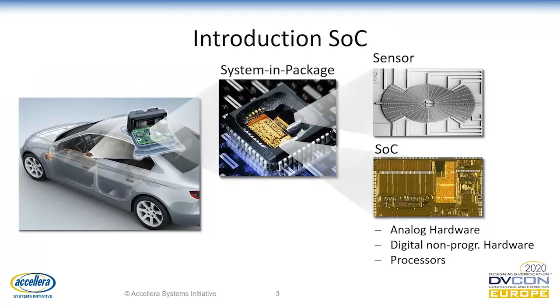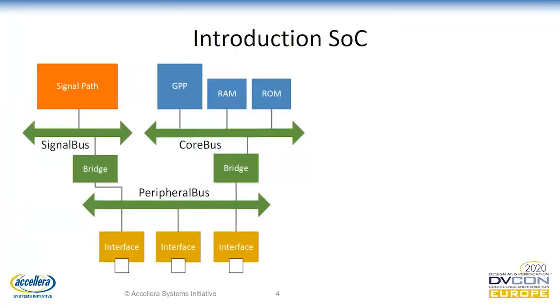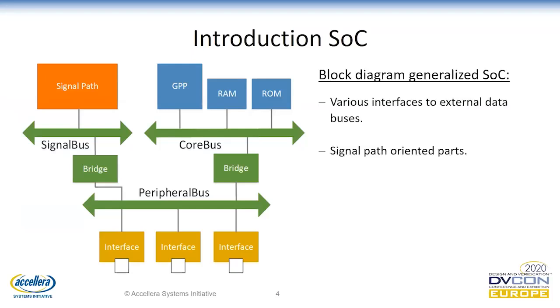Here, I want to show a slightly generalized block diagram of such an SOC. We have the external interfaces for data buses like CAN or SPI. The orange blocks represent the signal path oriented parts.